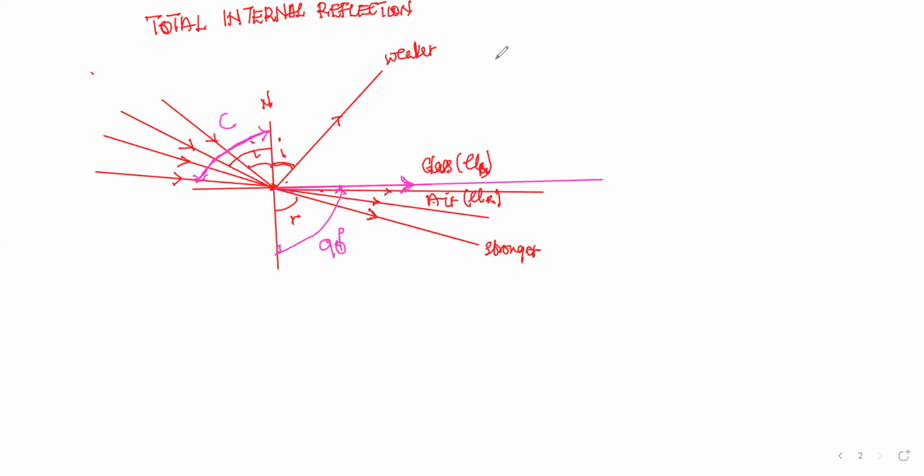So class, the question is, what is critical angle? Can somebody help by the explanation given? Can somebody help us understand what critical angle means? Anybody?